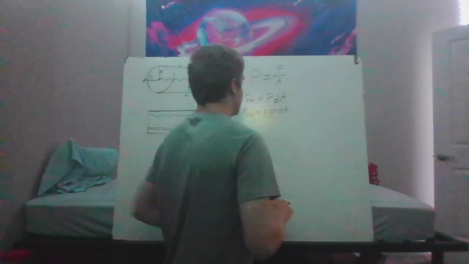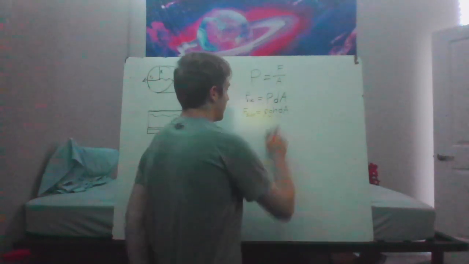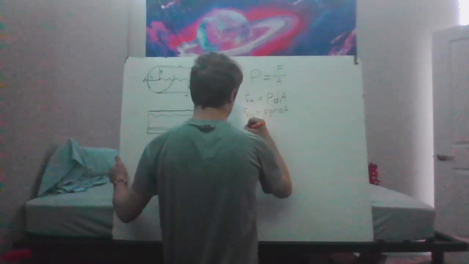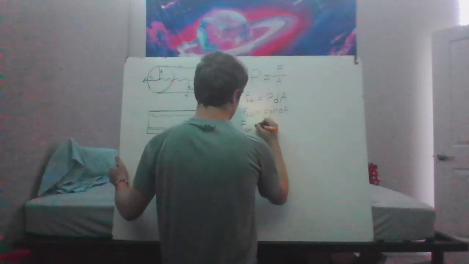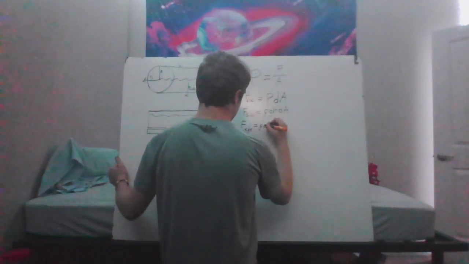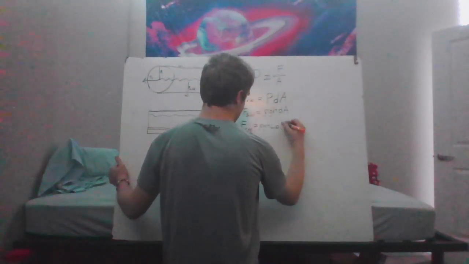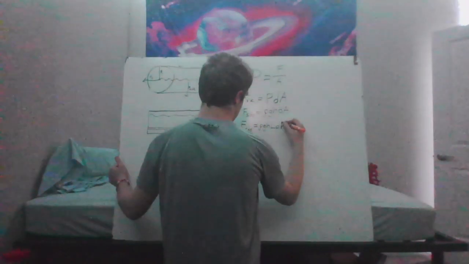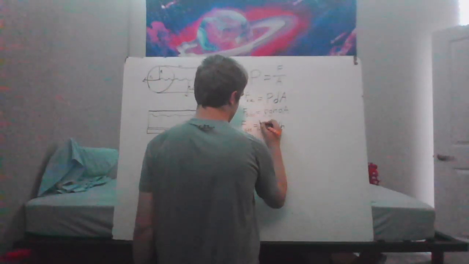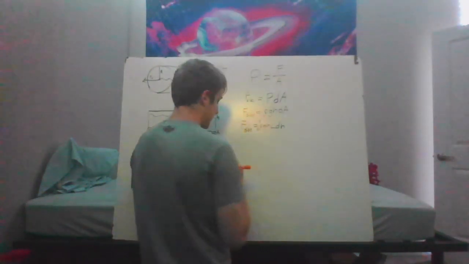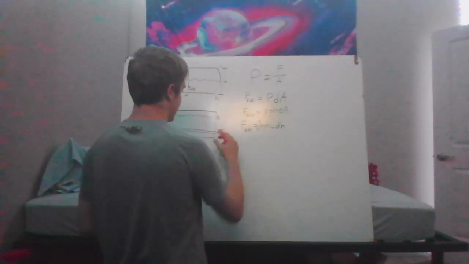So now what we can do is expand this dA into L times dh. And then now what we want to do is actually integrate. Basically what that will be doing is combining all of our little chunks here.